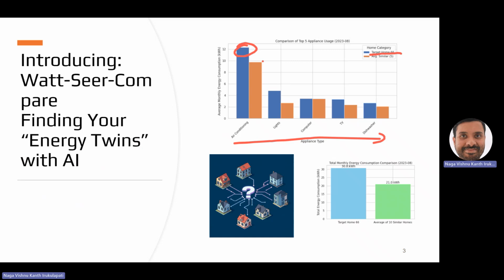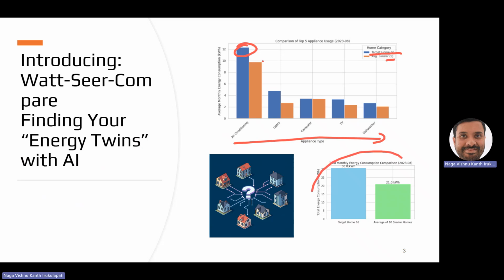In this example we have shown the similar 5, but in the later ones and in the code base we show the similar 10, though the concept is similar. We compare with other similar houses, and then we can compare how your house is faring with respect to the similar houses. This is where you can see how energy efficient you are or not.